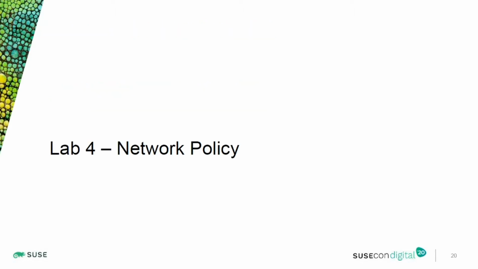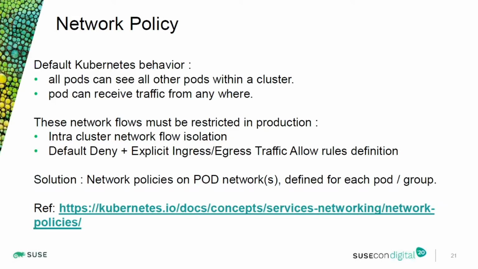Lab 4, network policies. Network policies enable us to really master network security, implementing a sort of firewalling in your cluster. It's important to know that by default in Kubernetes, all pods can communicate with each other.